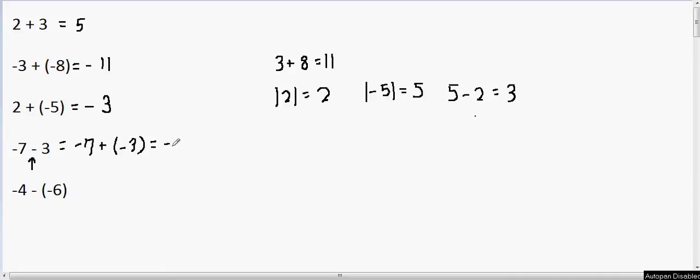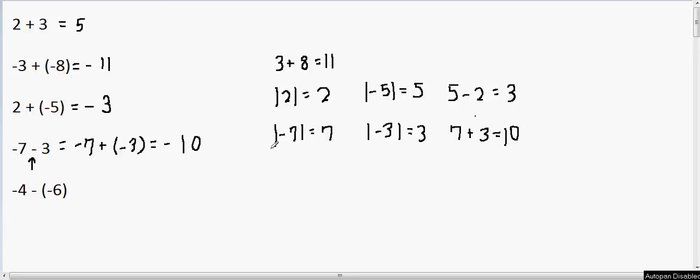Then add the absolute values of minus 7 and minus 3 together for the numerical part of our answer. Seven plus 3 equals 10, so minus 10 is the answer to this problem.